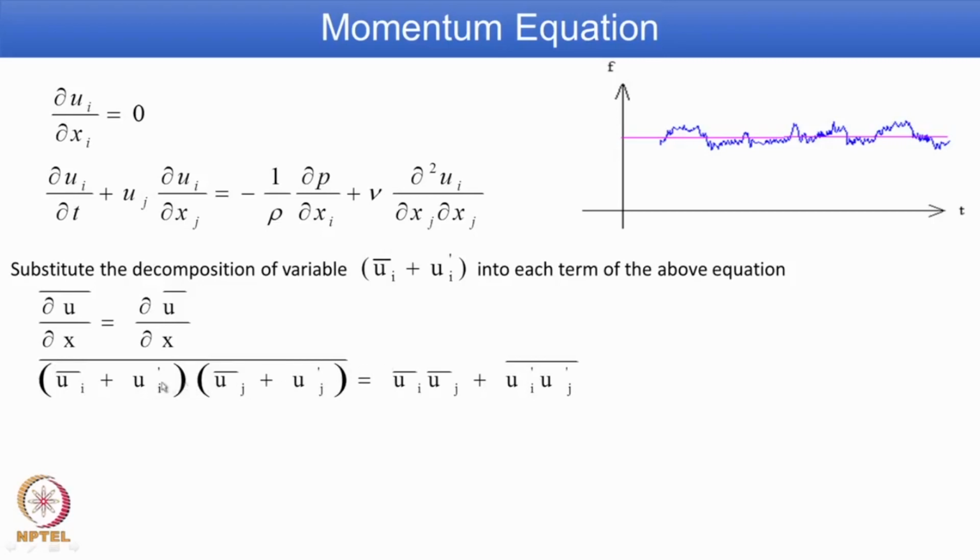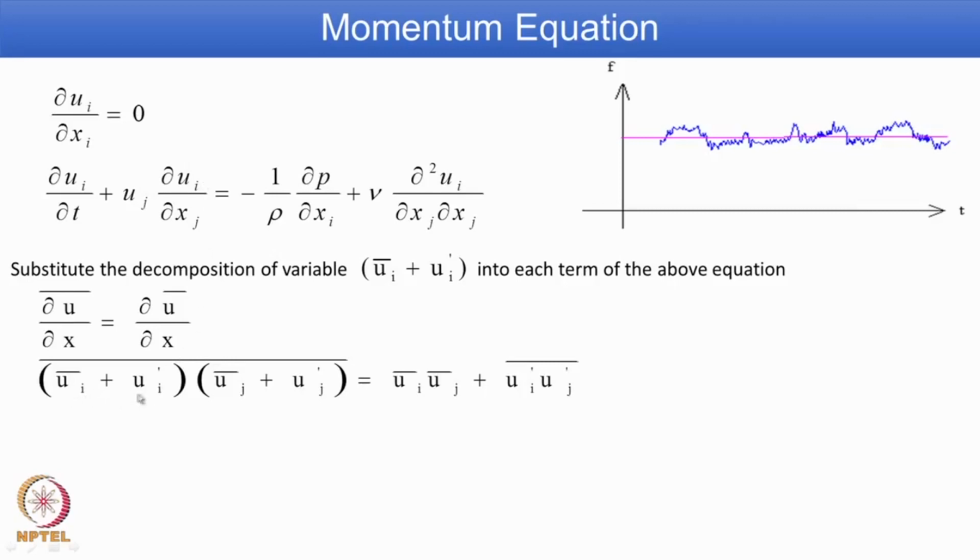Now, why do we do this? Because if you take uj into the derivative, it becomes ∂/∂xj of ui uj. So, you have a product of two velocity components. Now, you want to apply decomposition to that product, that is ui uj. ui is one instantaneous velocity, uj is another instantaneous velocity.